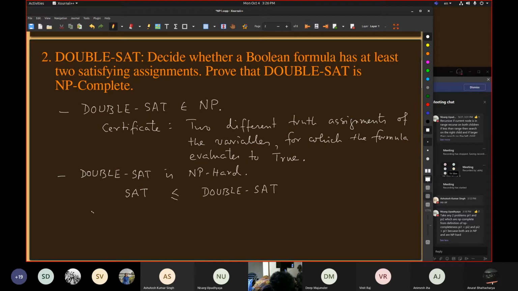And the reduction suggested was this: if we have a formula phi on x1 through xn, an instance for SAT, then we generate the formula phi hat on x1, x2, through xn, and I just introduce a new variable y.